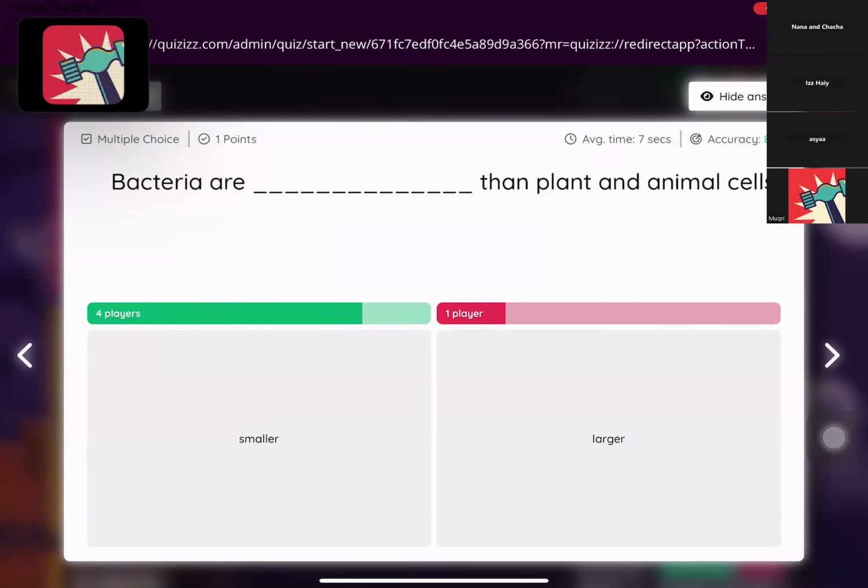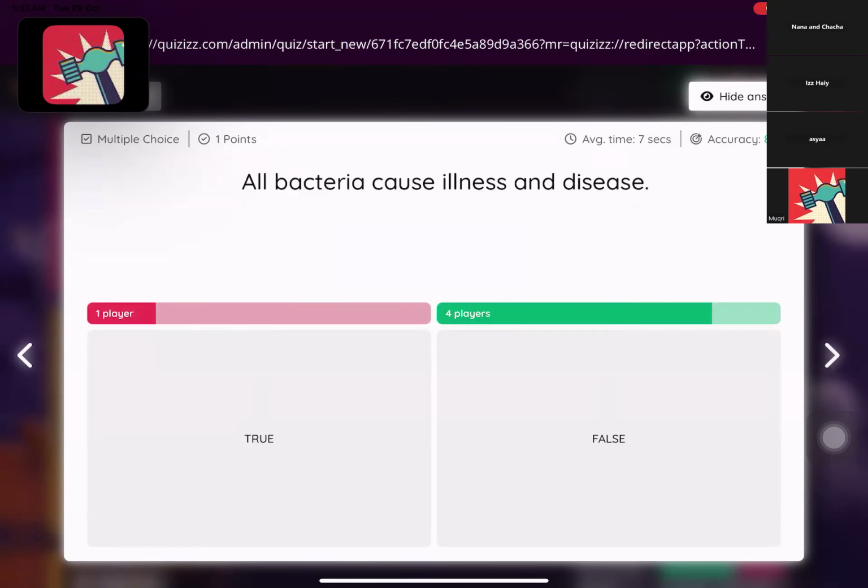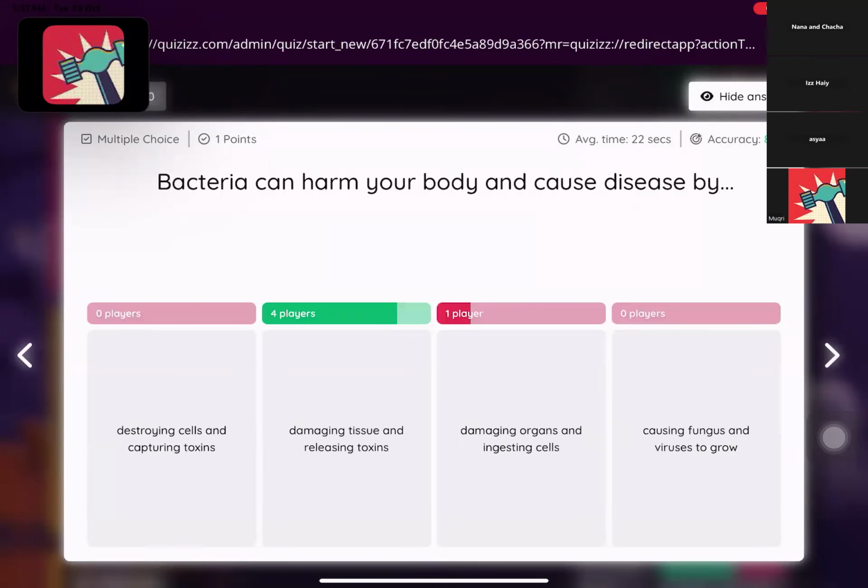Bacteria are larger than a plant or animal cell? Smaller. It's not larger. All bacteria cause illness and disease? False. It's not all bacteria. Pathogens, yes.